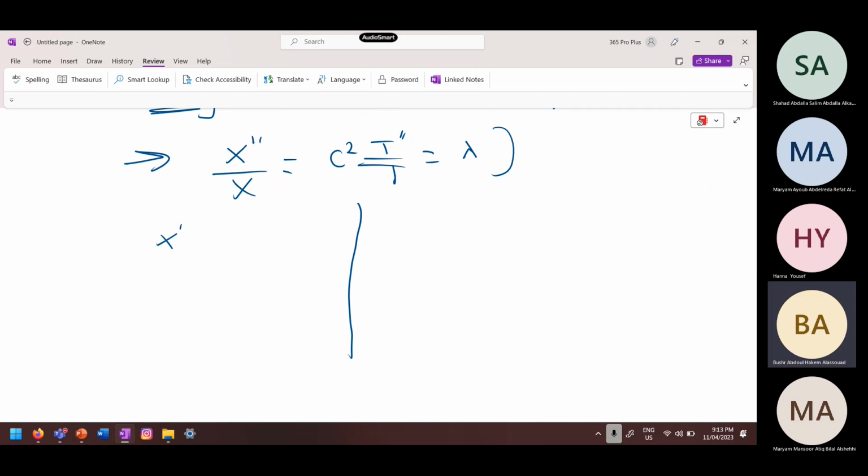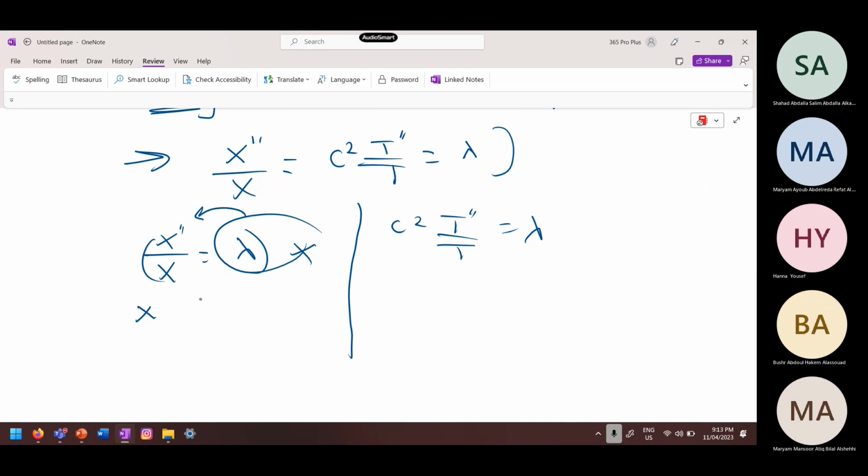So let's go with X double prime over X equals lambda. And here c squared T double prime over T equals lambda. Now to solve this, you need to multiply it with X, then subtract this to the other side with the opposite sign. So X double prime will give you X double prime minus lambda X equal to 0.